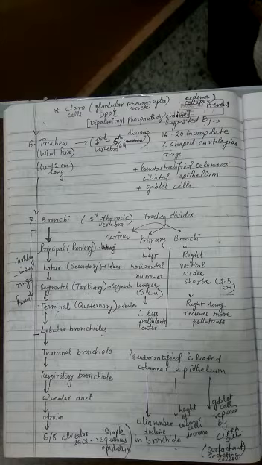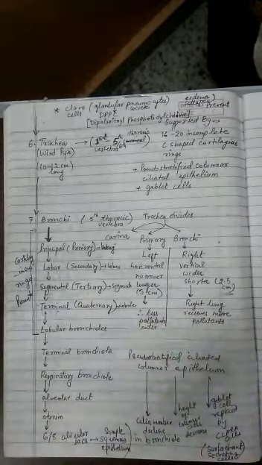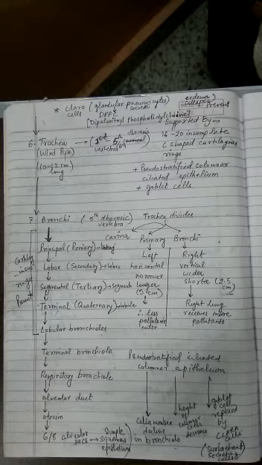One of the lungs has 3 lobes, the other has 2 lobes, so that's why these bronchi are also called lobar bronchi. And each lobe has either 8 or otherwise 10 segments, and accordingly the next branching is called the tertiary bronchi or the segmental bronchi.